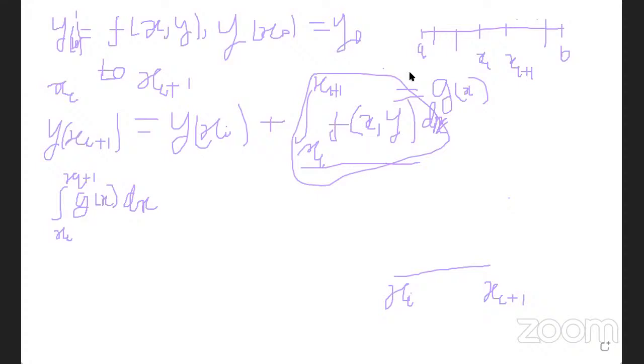Suppose this is a curve of g, and my objective is to find the area under this curve between xi and xi plus 1. Am I right?